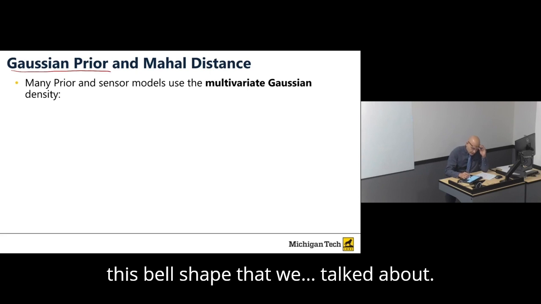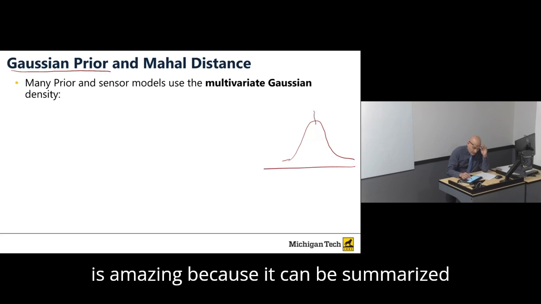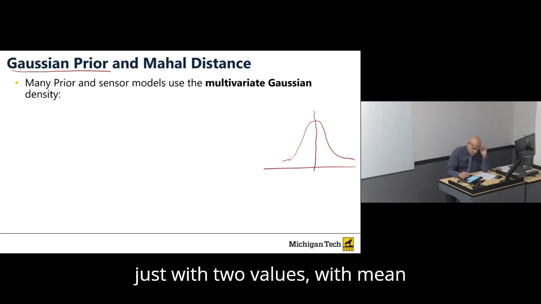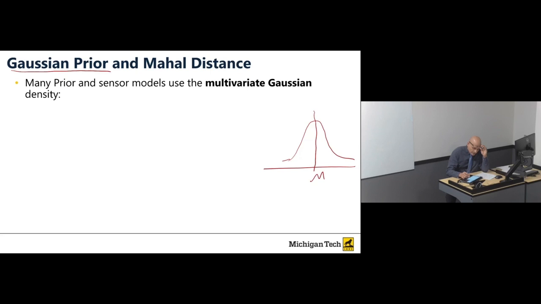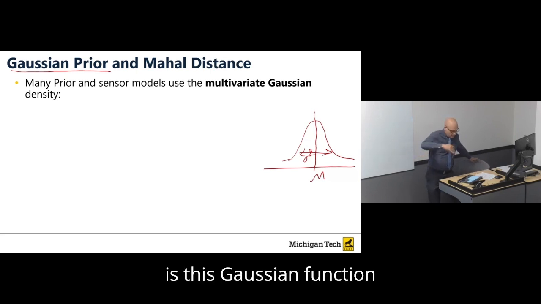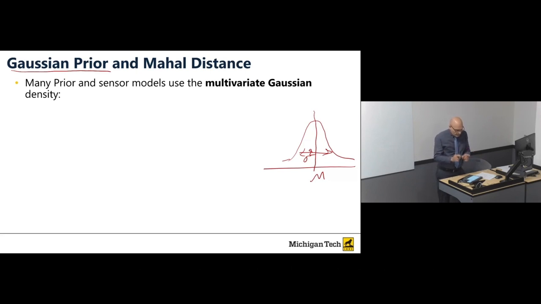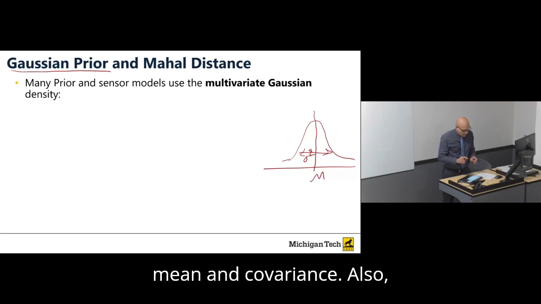Gaussian means this bell shape that we talked about. And this Gaussian model is amazing because it can be summarized with just two values, mean and covariance.